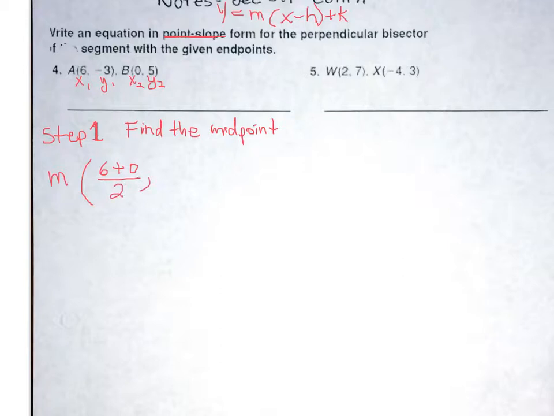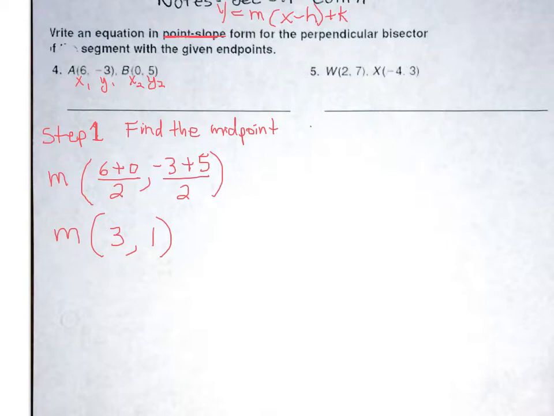And then you add the y's, which is negative 3 plus 5, y sub 1 plus y sub 2, and then divided by 2. You always get half of that. So 6 plus 0 is 6 divided by 2, that would be 3. What is negative 3 plus 5? That would be 2, and then divided by 2, and that would be 1. Okay, so we got the midpoint.